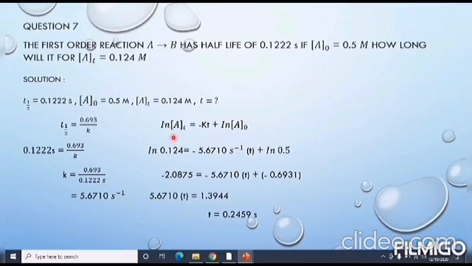After that, we use this formula to find the value of time. So the formula is ln At equals negative Kt plus ln A naught. Ln 0.124 equals negative 5.671, which is the value of K, multiplied by T, plus ln 0.5.